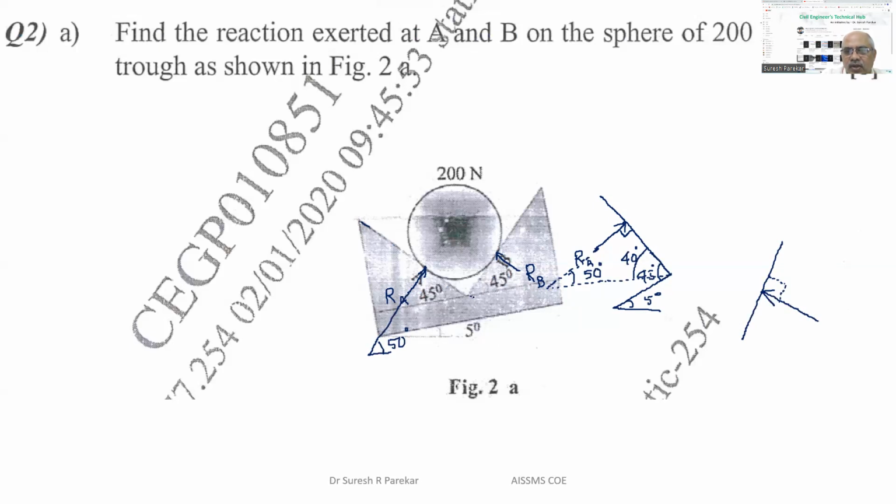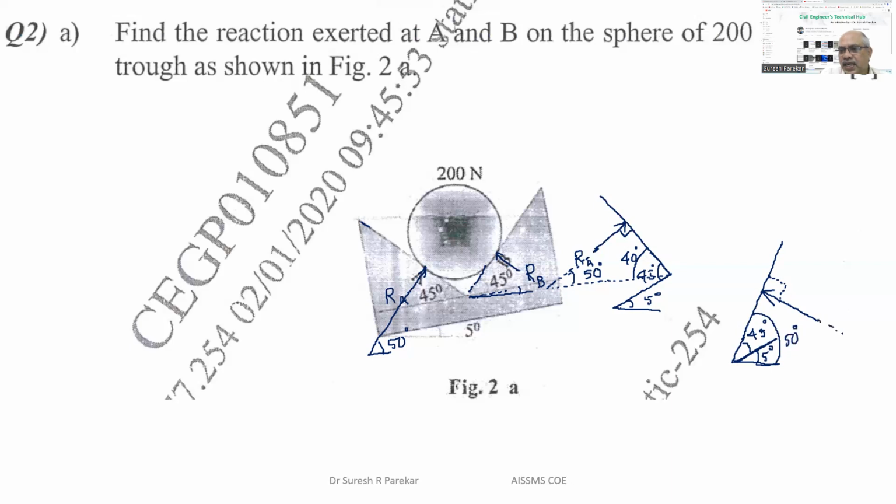If I draw a horizontal below, we have the horizontal like this, and this angle is given as 5 degrees. So this angle with horizontal is 50 degrees.